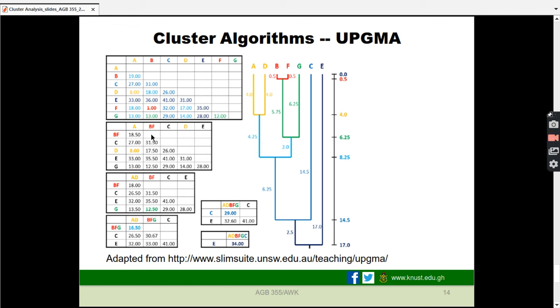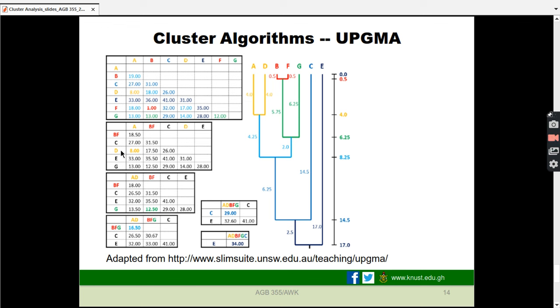So let's see how we had this one. BC is 31, plus CF, 32. So 31 plus 32 all divided by 2, we would get 31.5. Between A and D is 8, so it is not grouped, you just put it there, 8.